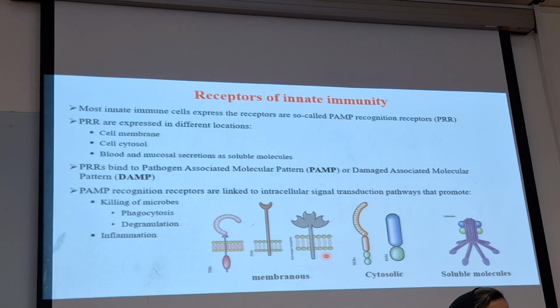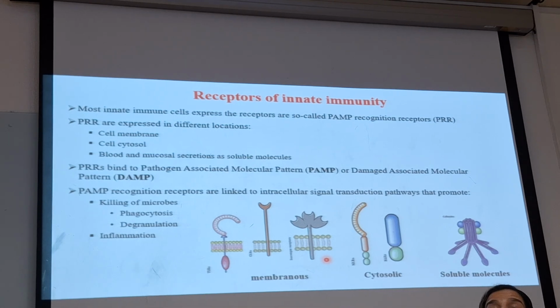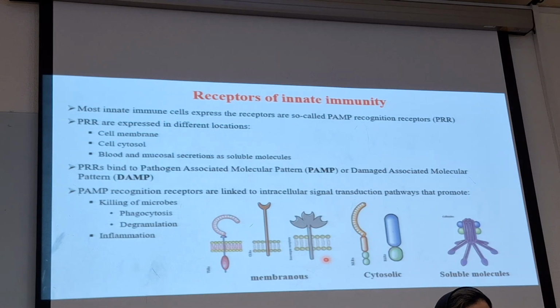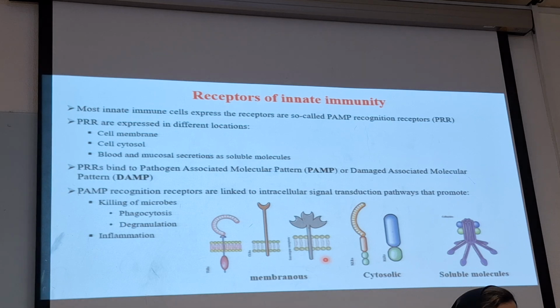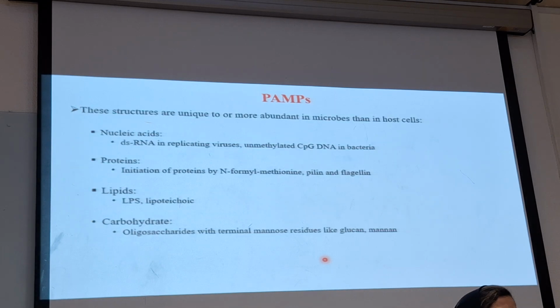So the ligands for these PAM recognition receptors can be used as adjuvants for vaccination in different types of vaccine: DNA vaccine, RNA vaccine, protein vaccine. And what about PAMs and DAMs as ligands for PAM recognition receptors?